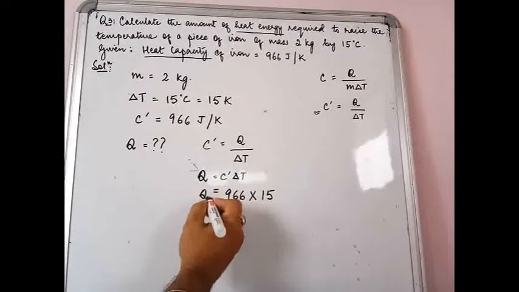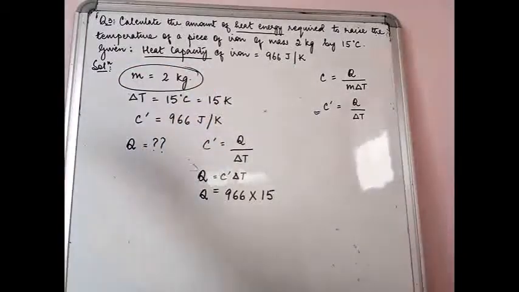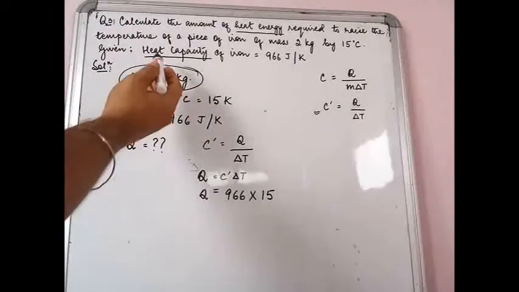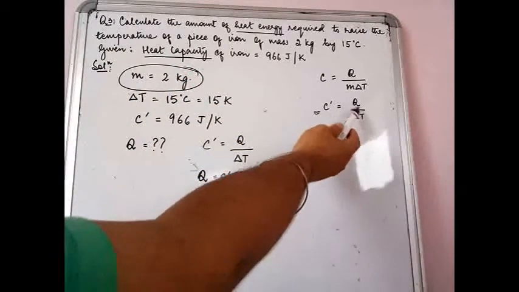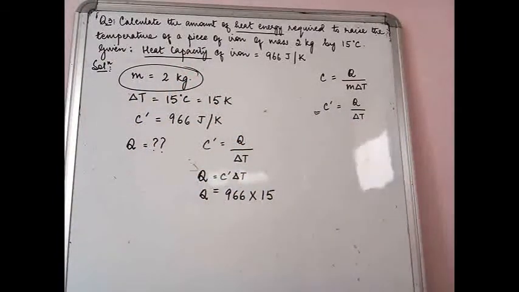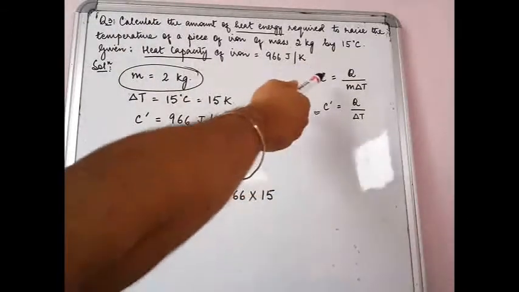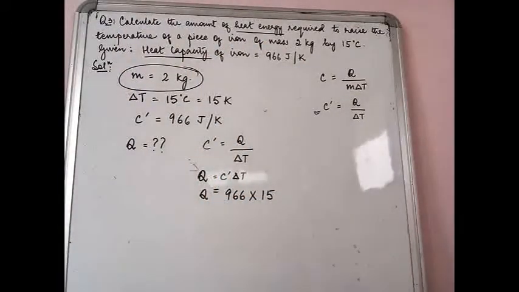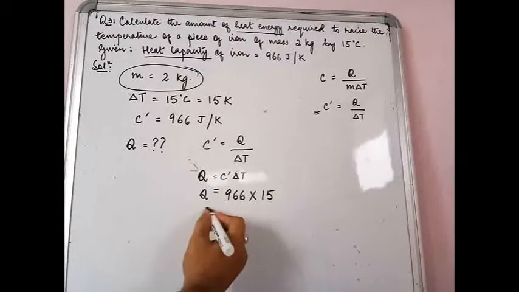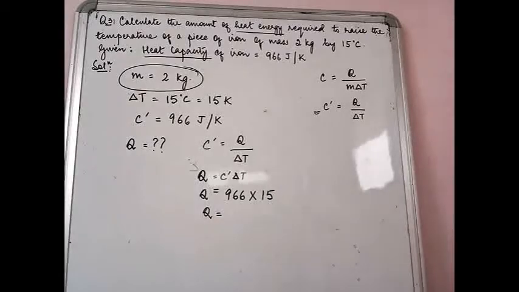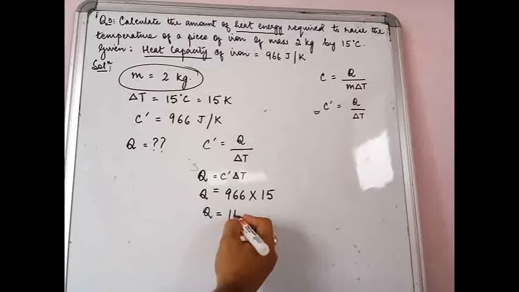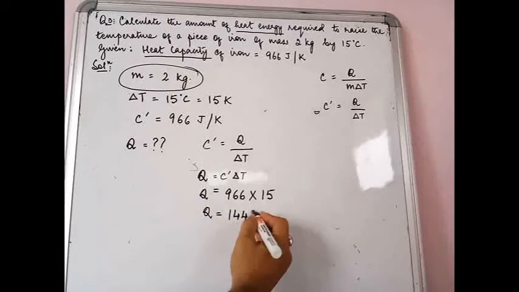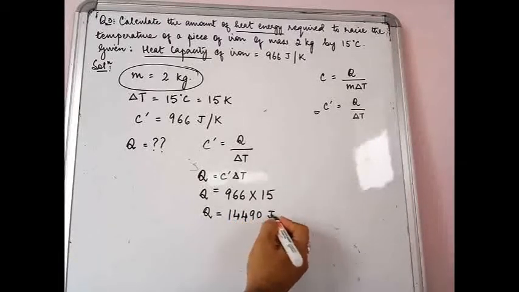The reason we don't need the mass over here is because we are talking about the heat capacity, in which mass does not matter. It is always in terms of specific heat capacity that we take unit mass, 1 kg. So when you multiply this, you get the final value, which is 14490 joules.